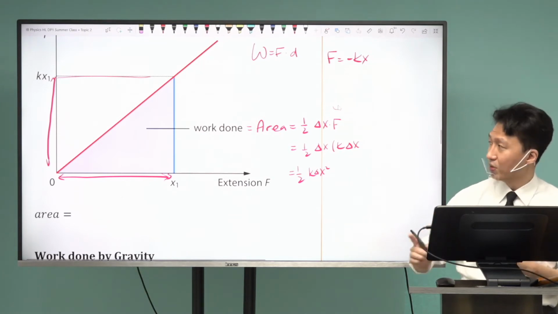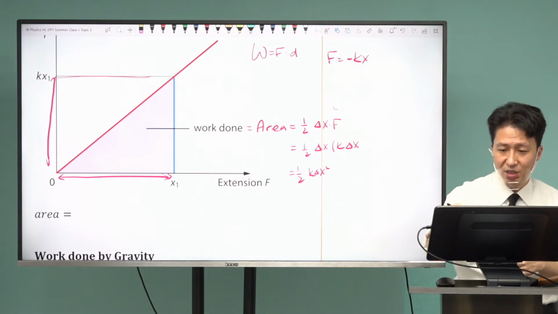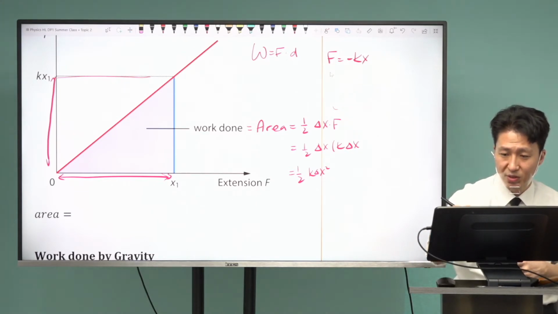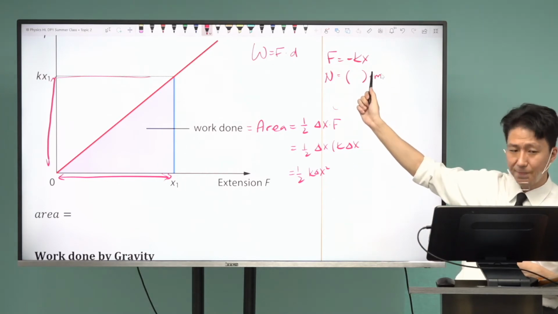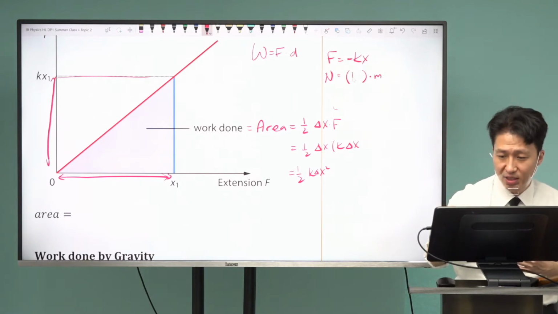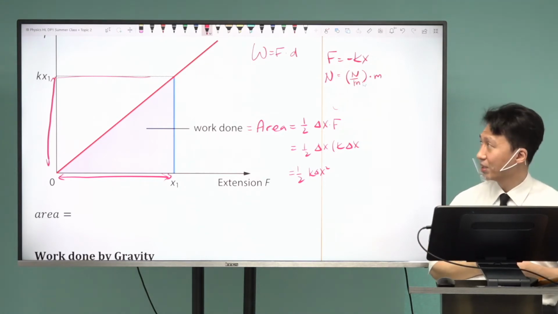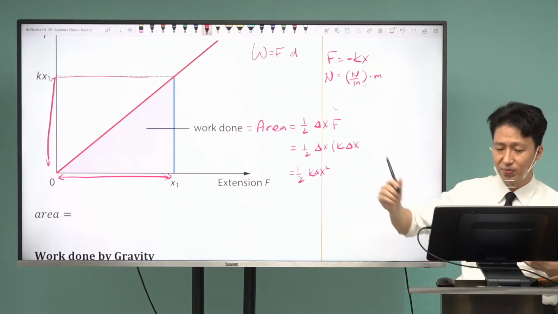First, we have to get the units for k, right? Force is in newtons. Force in newtons has to equal some units multiplied by the meters in the displacement. Therefore, k is newtons per meter, right? When you multiply by the meters, the meters cancel out, and newtons equals newtons.